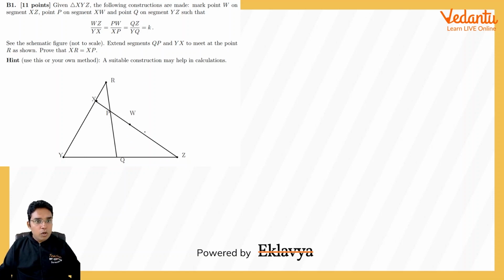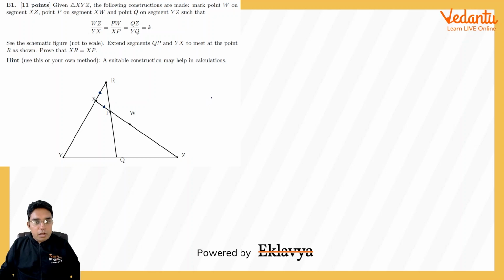Mark point W on segment XZ, point P on XW and Q on YZ, such that WZ upon YX, and similarly PW upon XP and QZ upon YQ, they all are equal to K. Use the schematic figure, not to scale: extend XP, QP and YX to meet at the point R as shown, and we have to prove that XR is equal to XP. This is what we need to prove.